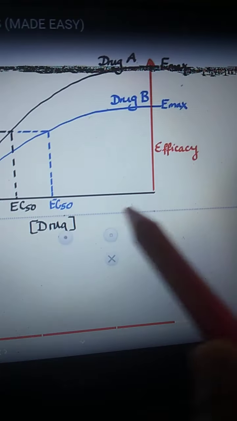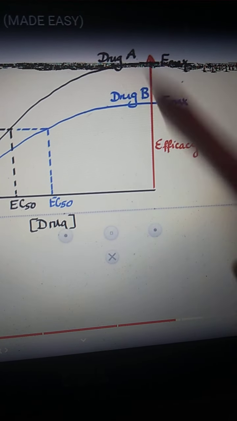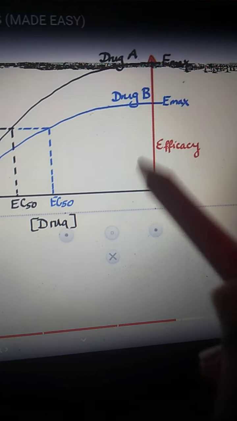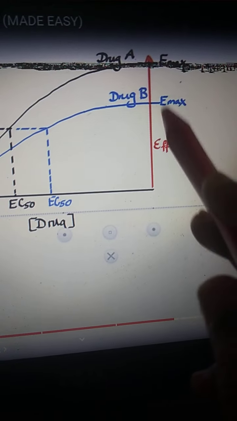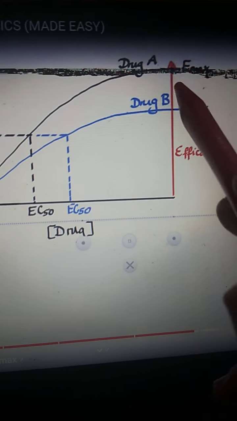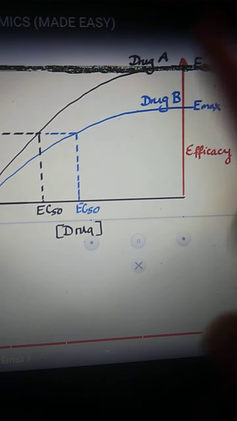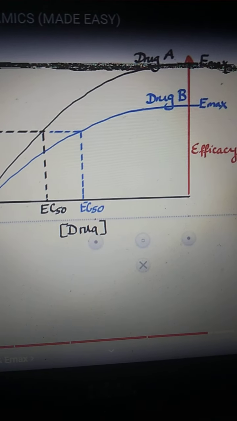For example, if I'm giving 100 mg, at 100 mg drug A produces this much effect, while drug B produces only this much. You can see the pharmacological effect is less when compared to drug A. So drug A is more efficacious than drug B. So this is the meaning of the dose response curve.